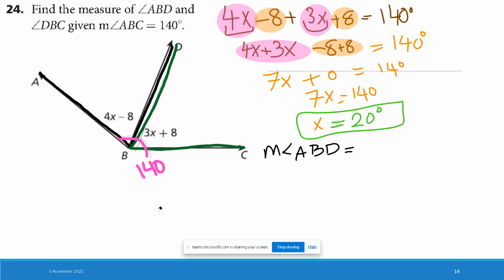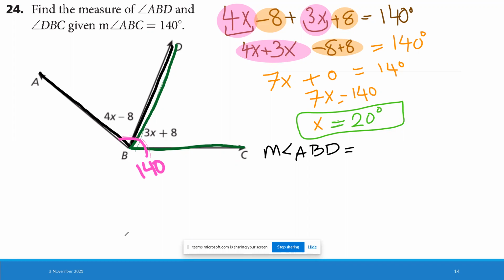What is the measure of the angle ABD? What do you have to do? Look at the expression that represents ABD. Which expression? ABD, this one.